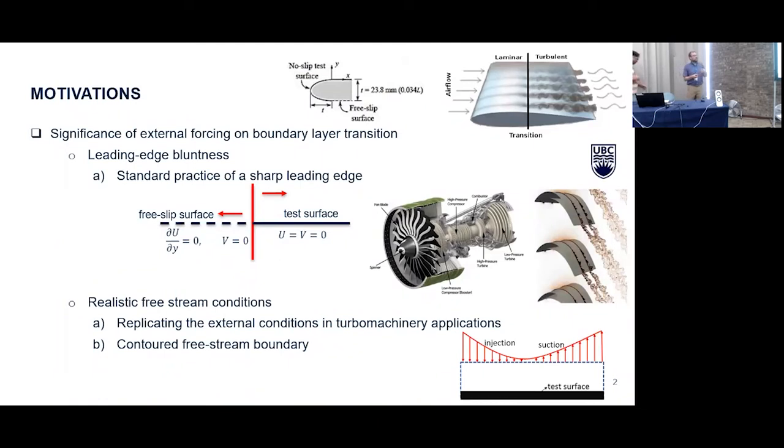And so within this project, what we wanted to understand is to represent realistic free stream conditions and realistic boundary shapes, and particularly focus on the effect of the blunt leading edge on transition in a flat plate with an accelerating, decelerating free stream that has conditions representative of a low pressure turbine blade.